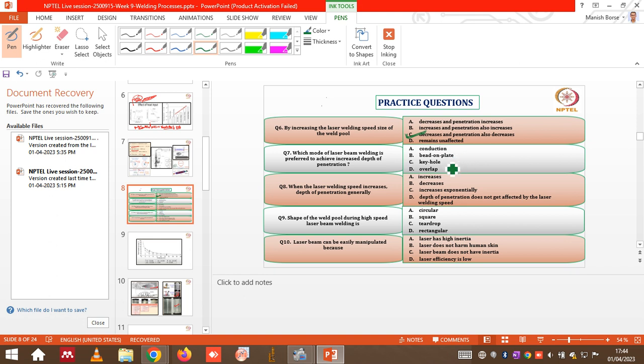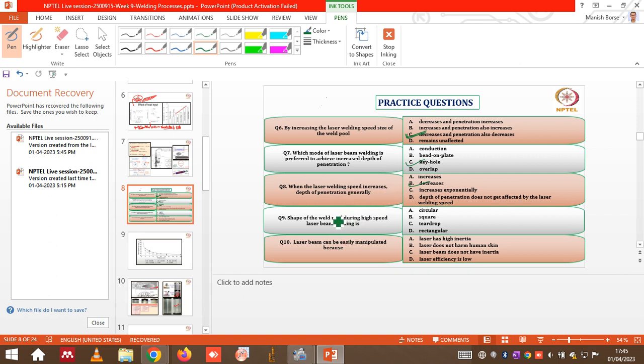But just for through thickness, to ensure full penetration, that mode of penetration is nothing but keyhole mode. For the eighth question, when the laser welding speed increases, depth of penetration generally decreases. It is a repetition of the sixth question, but there is no exponential relation between them. It simply decreases when we increase the laser welding speed.